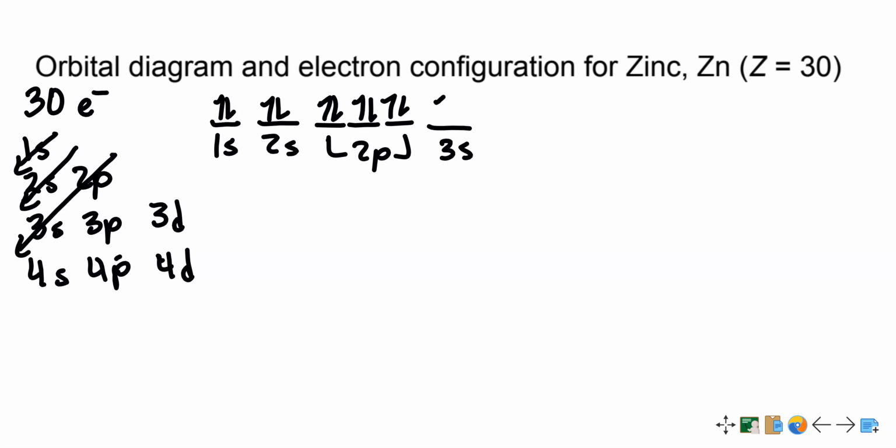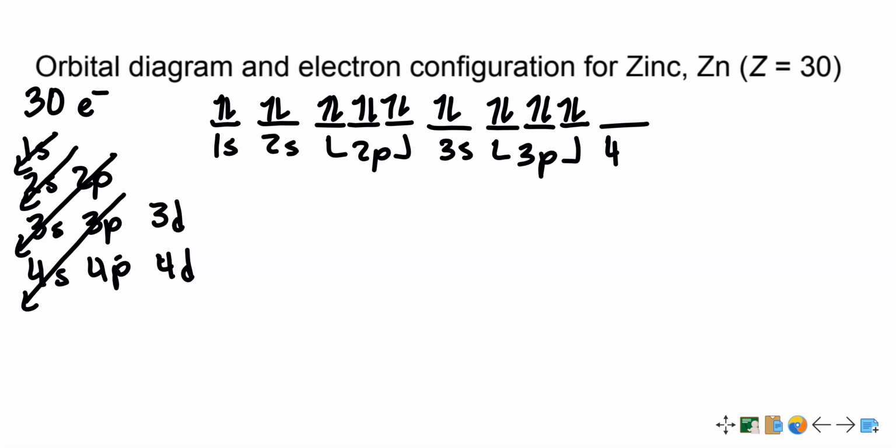So next one, okay, that's 12. 3p: 12, 13, 14, 15, 16, 17, 18. And then 4s, 19, 20. Now, when we go back, we're starting at the 3d.